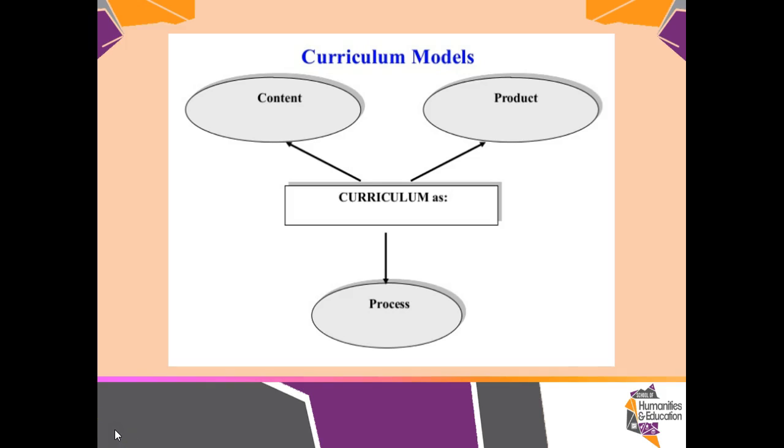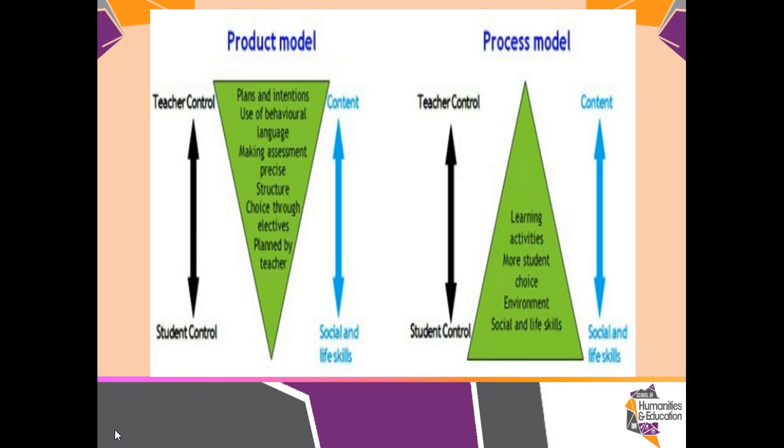In this next slide, we see the interrelationship between the content, the product, and the process. This next slide shows the comparison between the product model and the process model. In the product model, once the teacher control is high, the content is high.